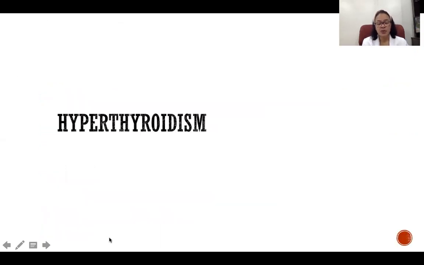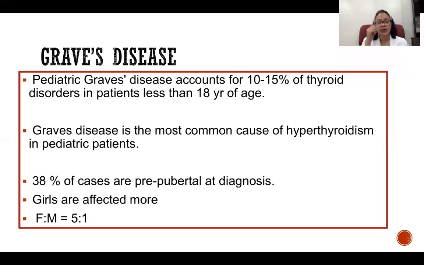So let's now go to hyperthyroidism. With regards to Graves' disease, in pediatrics, it's less common compared to the adult population. It accounts for only 10 to 15% of thyroid disorders in patients less than 18 years of age.